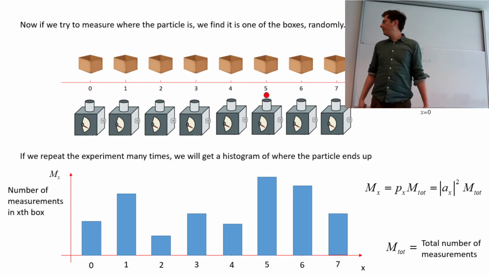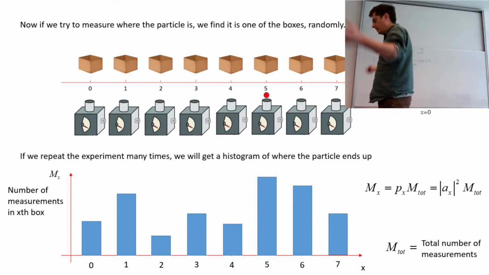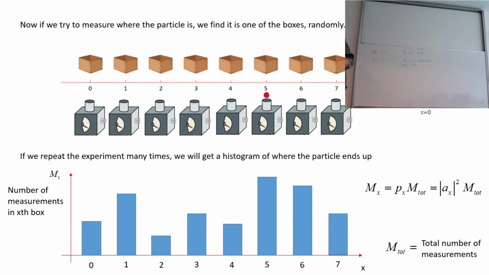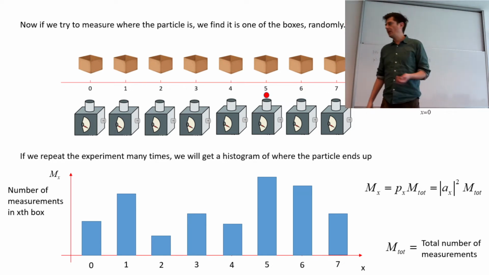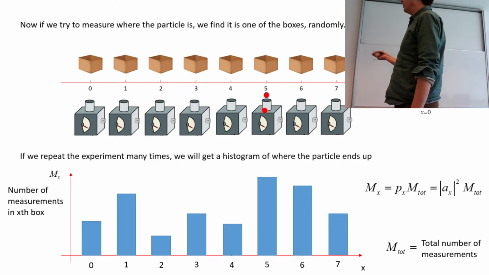Basically, in a single run of the experiment, I would prepare that state, and then I'd turn all these measurement machines on and set it, and then make the devices tell me, so which box is it in? Right? And what's going to happen is that it will randomly detect.